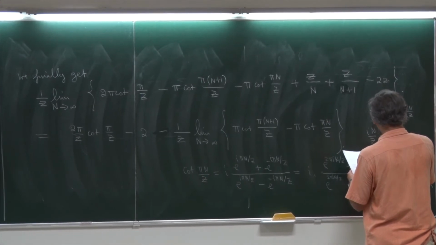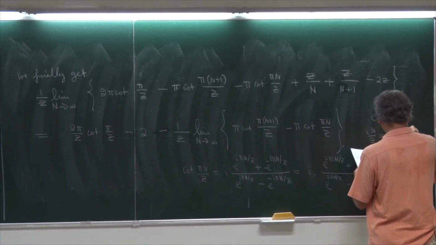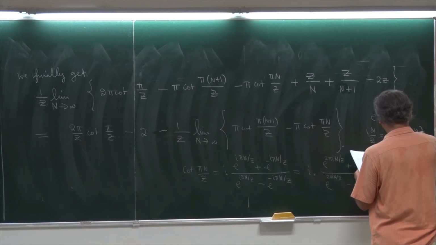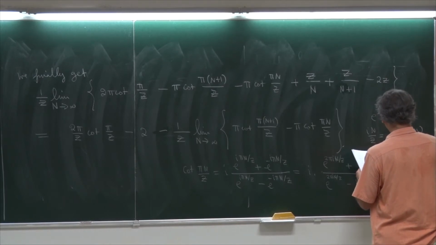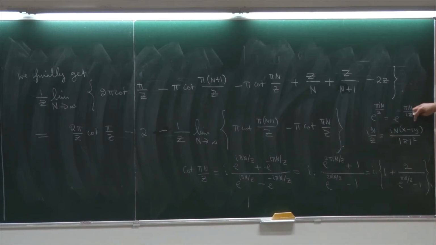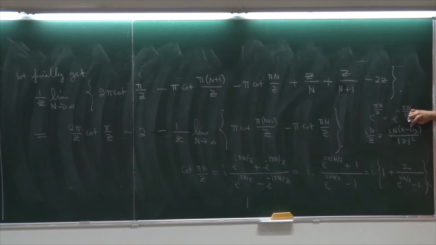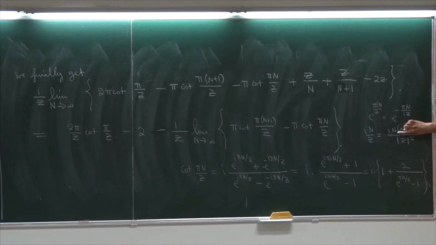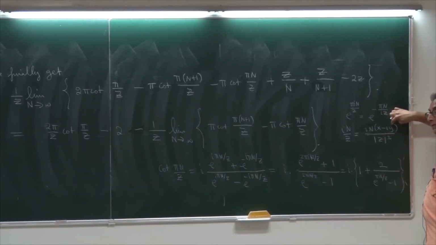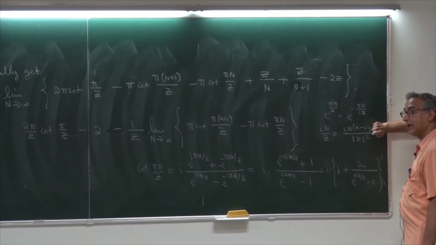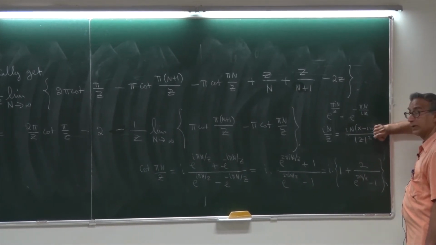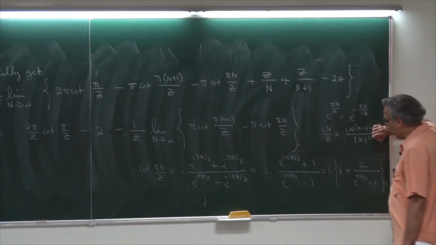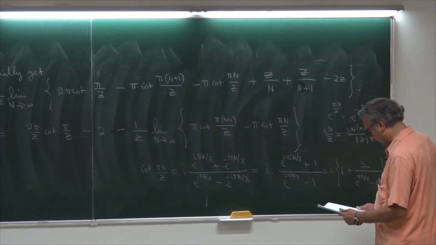By a simple calculation it is i n (x minus iy) over mod z squared. So the point of the matter is i times i is minus 1, i times minus i is plus 1, y is positive, and it's a positive coefficient for capital N. So as n goes to infinity, this goes to 0. Okay? So you pick up an i from that.